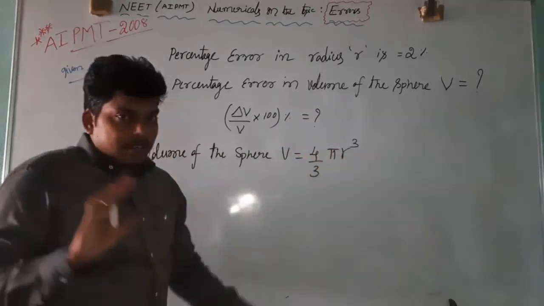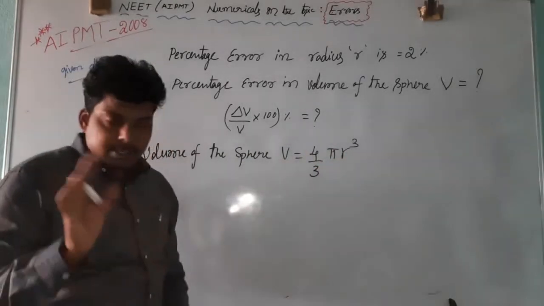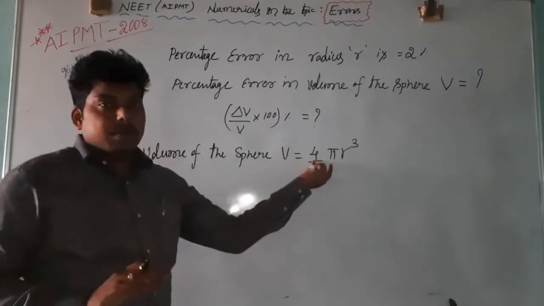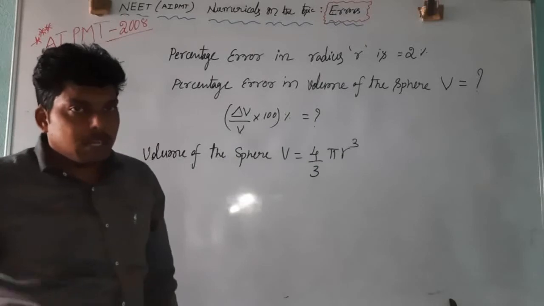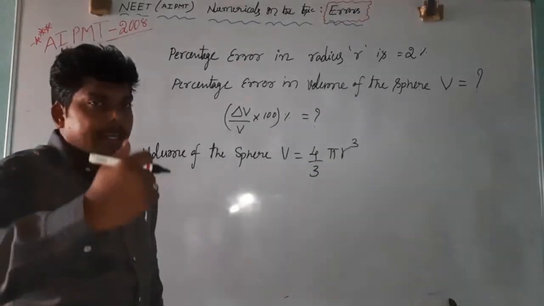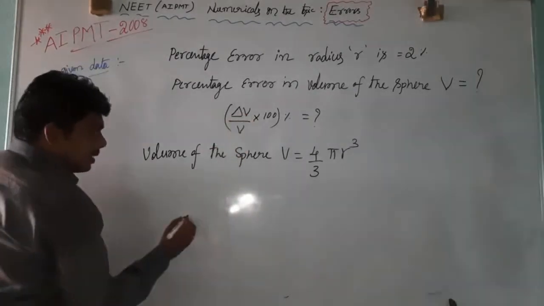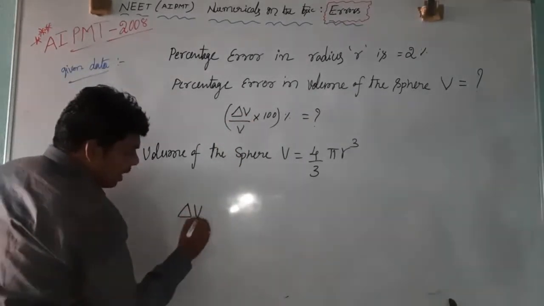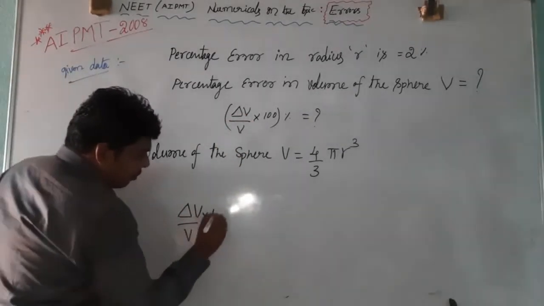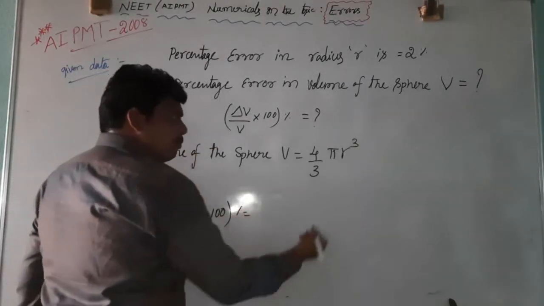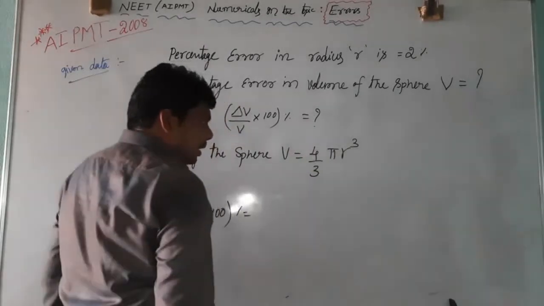Here pi is not a physical quantity. 4 by 3 is not a physical quantity. This is nothing but a proportionality constant, which means that while determining the errors, we should neglect the proportionality constant. Now what we have to determine? Percentage error in volume. Delta V by V into 100% is equal to, 4 by 3 pi is the proportionality constant.